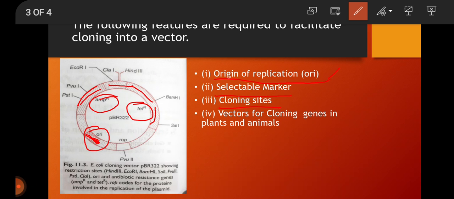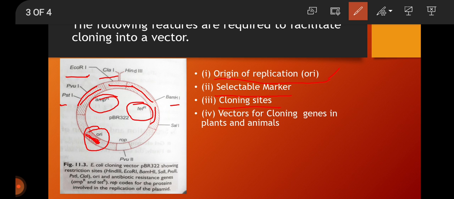You can see here so many restriction enzymes, like BamHI, EcoRI, PstI, ClaI. More than one recognition site within the vector can complicate gene cloning as it will generate several fragments. Ligation of alien DNA can be carried out at a restriction site present in one of the two antibiotic resistance genes.